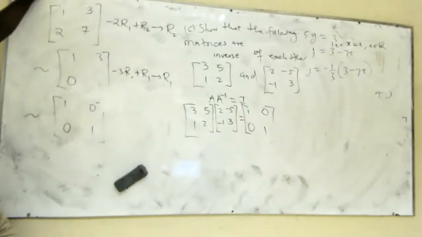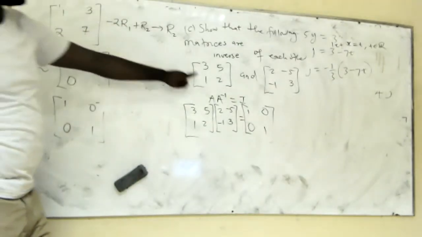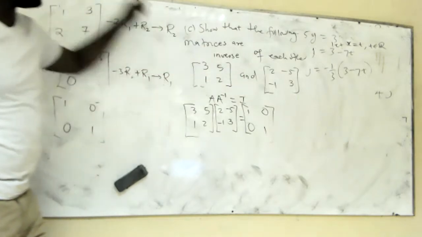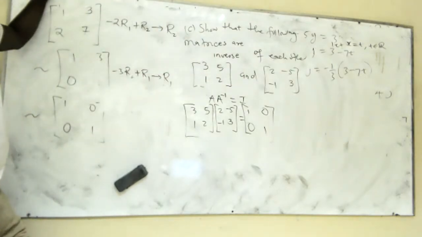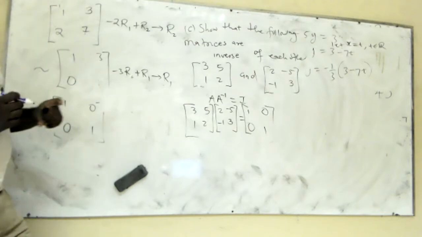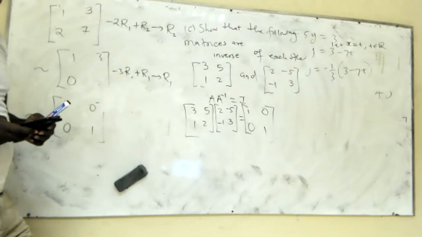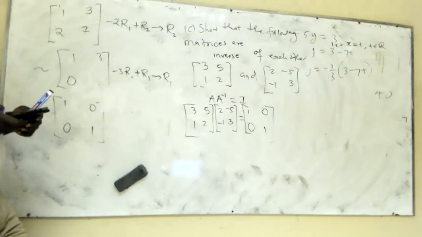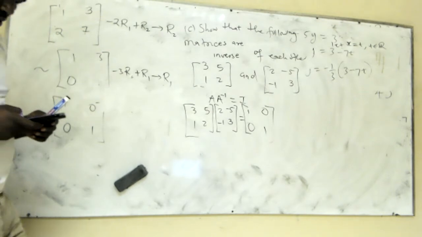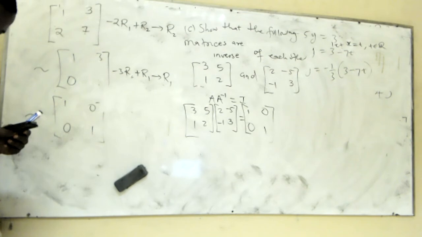Identity. Therefore, we have shown that this and that are inverse. Oh, once they give us the identity, it means they're inverse. Very true. Yeah, we are together.